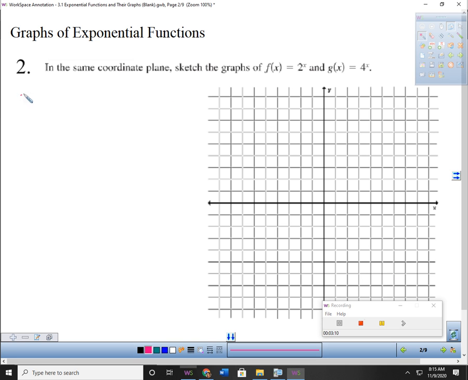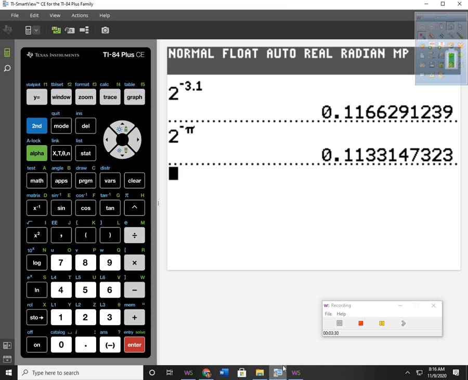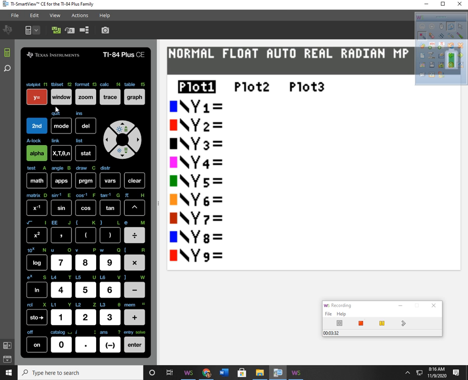So let's start with the first one, f of x equals 2 to the x. So we're going to make a table of values. On your calculator, I know we've got some stuff in the y equals.